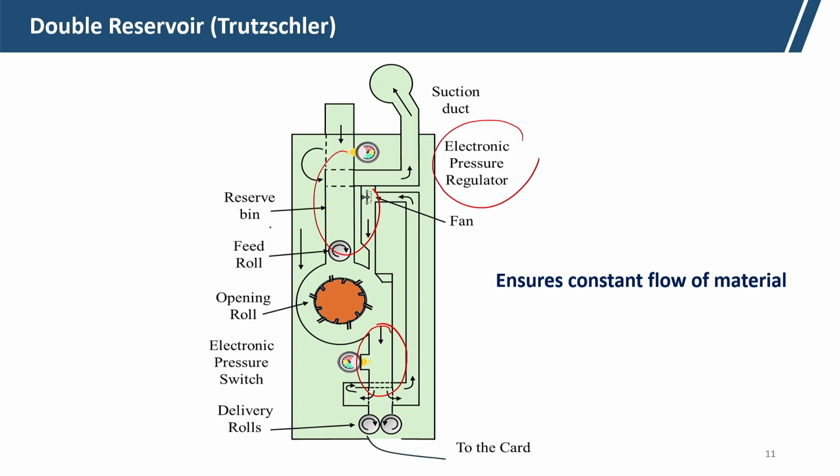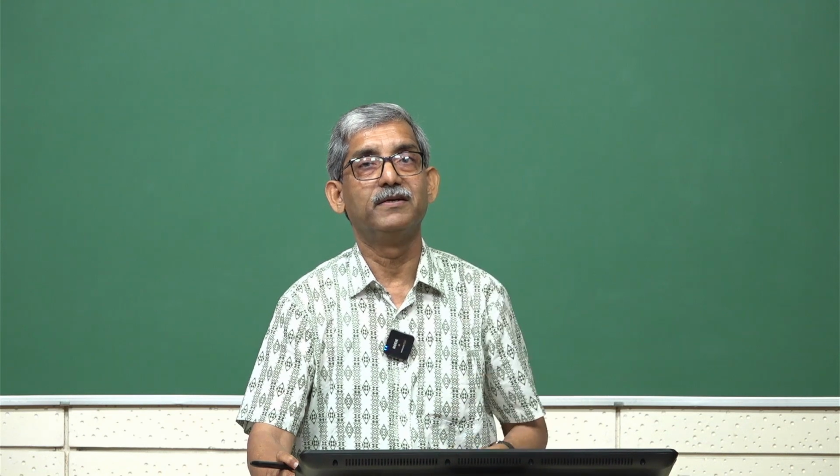This is one reserve bin, and this is another reserve bin. The feed roller and opening roller are there after feeding. This is the opening roller, and here you can see the electronic pressure switch, a controller which controls the feed.